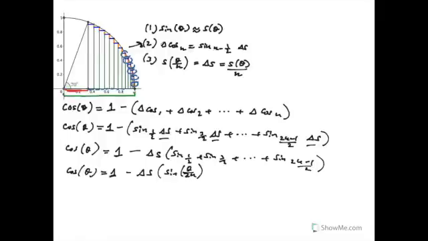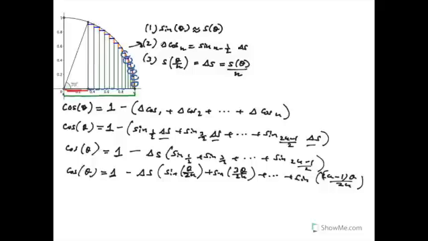Sine 1 is sine of theta over n, so sine 1/2 is theta over 2n, plus sine 3 theta over 2n, plus sine of (2n minus 1) theta over 2n.